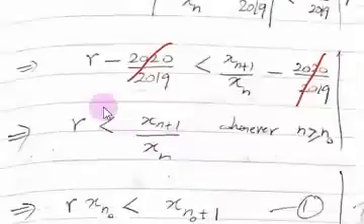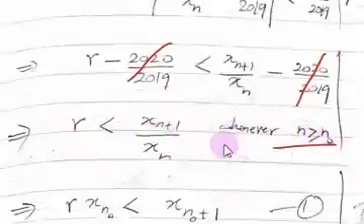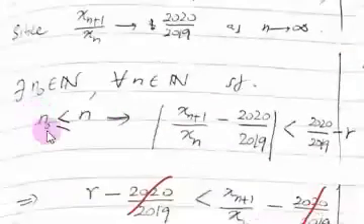You end up with this one, which is true for all n greater than or equal to n naught. This one is important because this implies this, and this implies this.